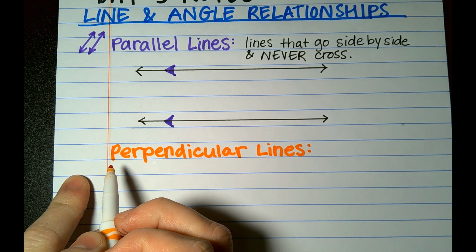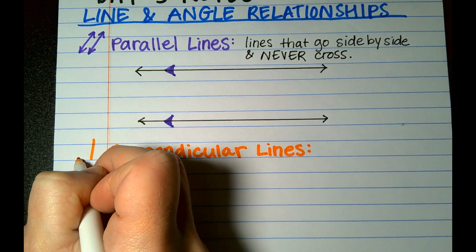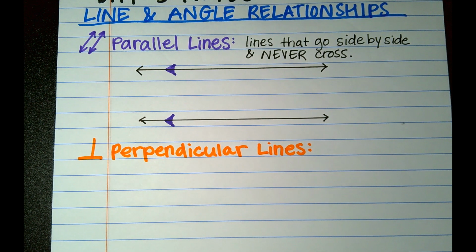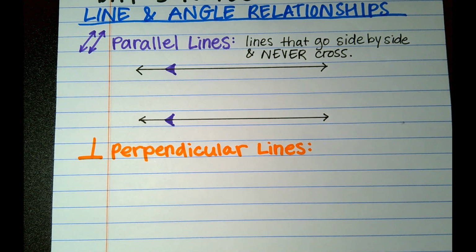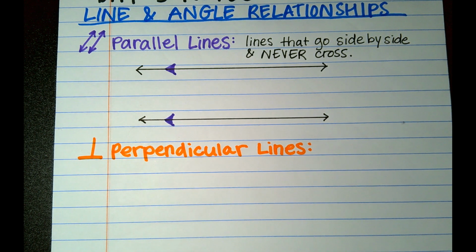The symbol for perpendicular looks like this, like an upside down T. Have any of you heard the word perpendicular? Two lines across. They do cross. Does anybody know the angle that perpendicular lines cross at? Or is this going to be new for all of us? They cross just like that.